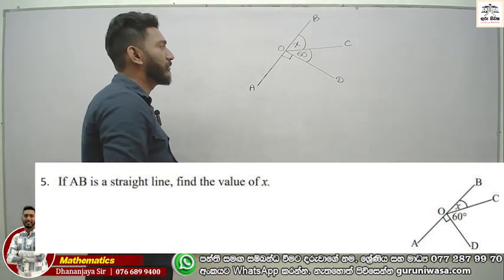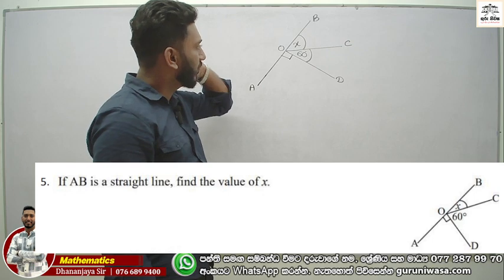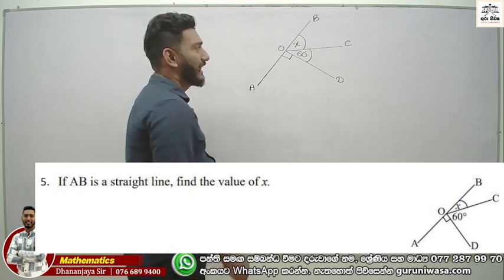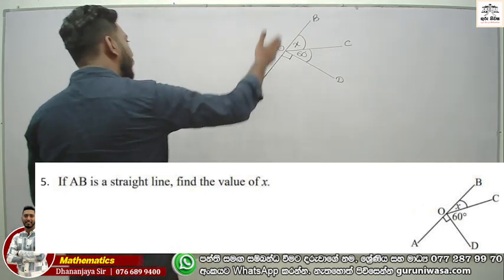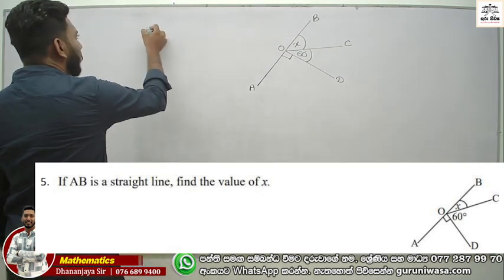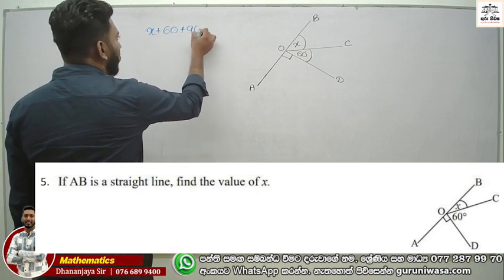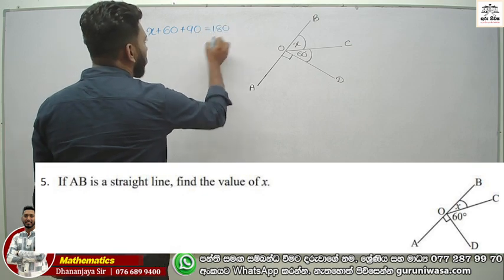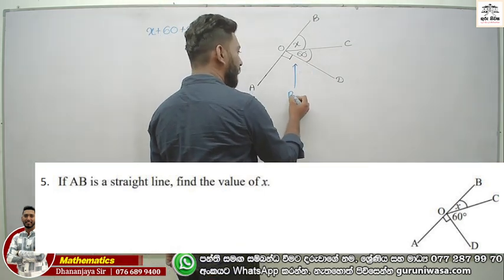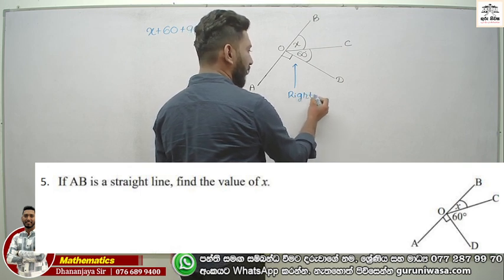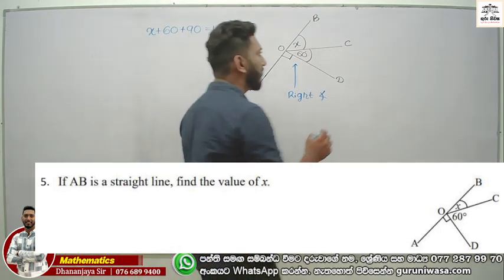Right, now I will discuss. This is a straight line, and you know the straight line is the sum of two right angles. So you can use the equation x plus 60 plus 90 equals 180. Or some students notice this one is a right angle, this one is a right angle, therefore the other one should be a right angle, which we call complementary angles.